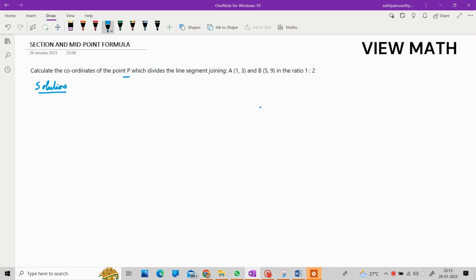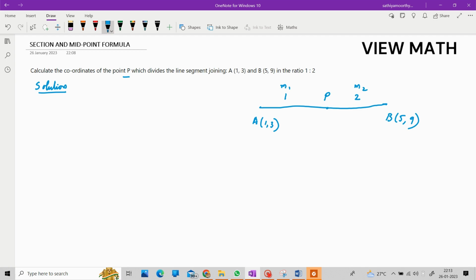That means we have a line segment. A is (1,3) and B is (5,9). We are going to find the point P which divides the line segment in the ratio 1:2. So this is my m1 and this is my m2.